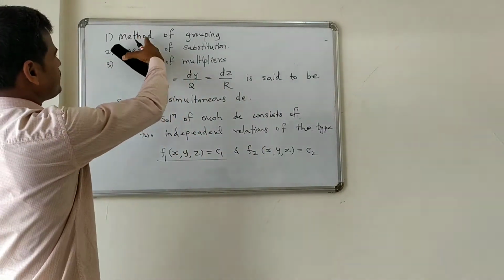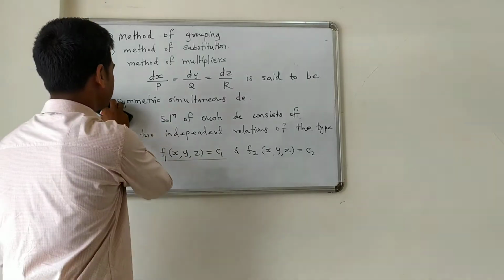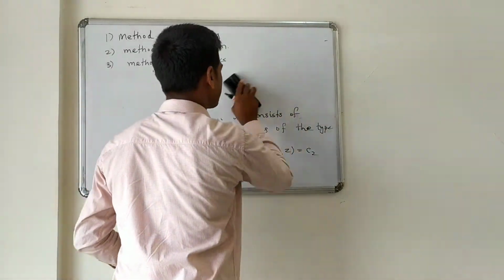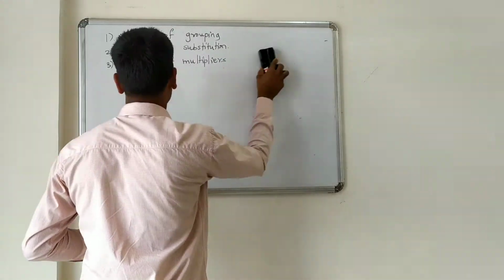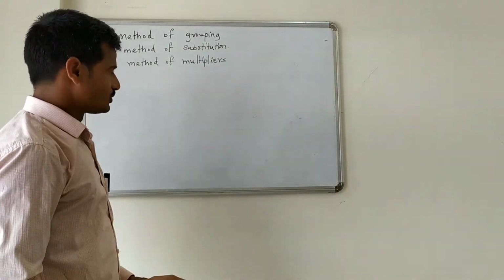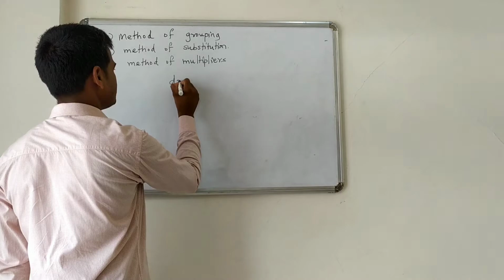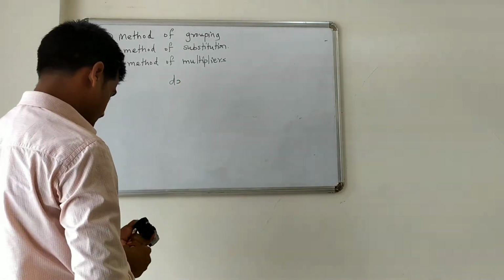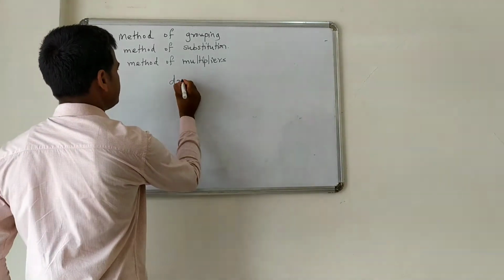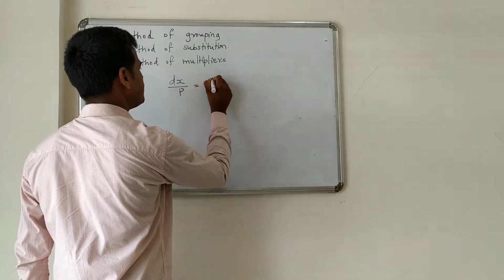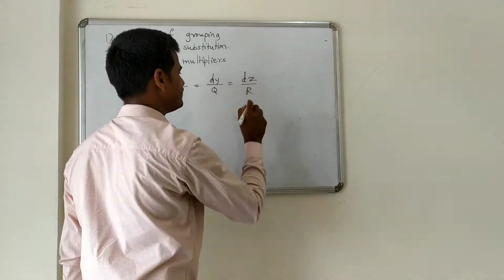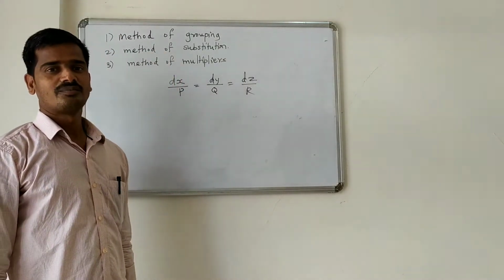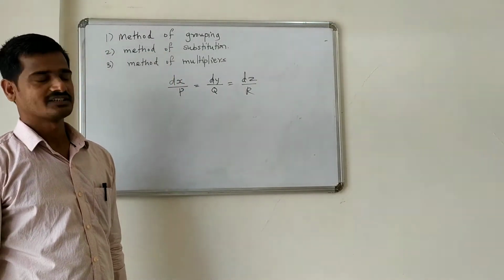Now what is this first method, the method of grouping? Let me explain these three methods with the help of examples. Take dx upon p is equal to dy upon q is equal to dz upon r, the general form of a symmetric simultaneous differential equation.